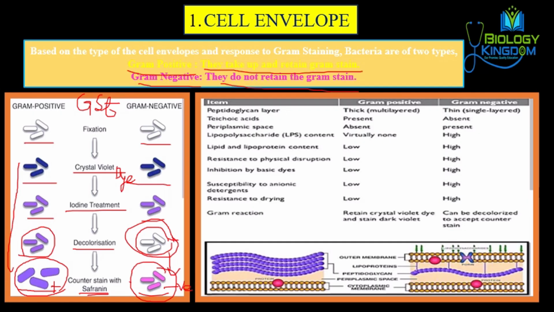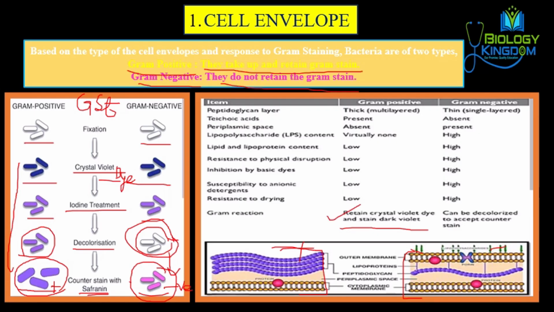If we observe the structural differences between Gram positive and Gram negative, there are many layers in Gram negative bacteria, so that is the reason they can't retain this color stain. Whereas in Gram positive bacteria there are only 2 to 3 layers, so they retain the crystal violet dye in the second step and stain dark violet.